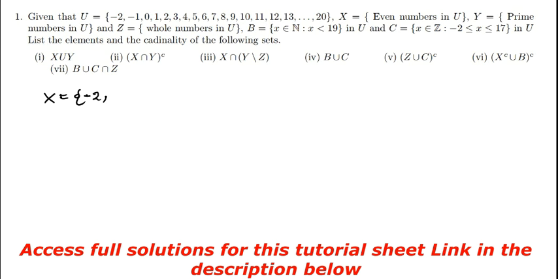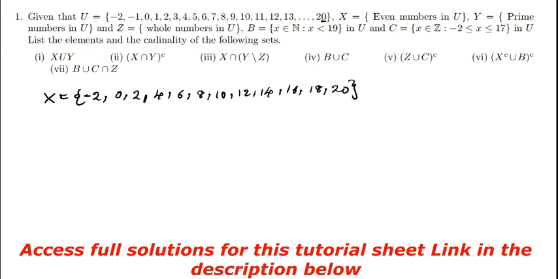Then we have 2, 4, 6, 8, 10, 12, 14, 16, 18. The last one is going to be 20, because the universal set ends on 20. So this is going to be set X.